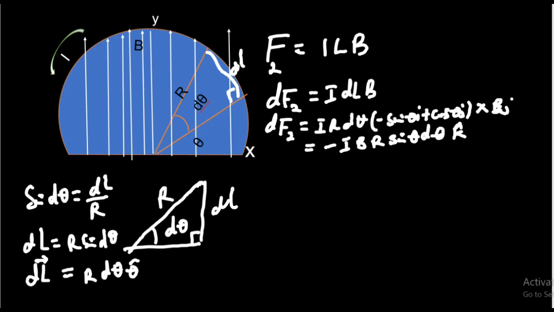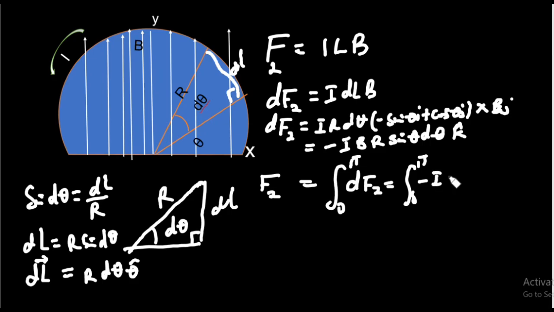So to find F2, we integrate in the limit of 0 to π, because this is a semicircle. We have F2 as minus I B R sine θ dθ k.